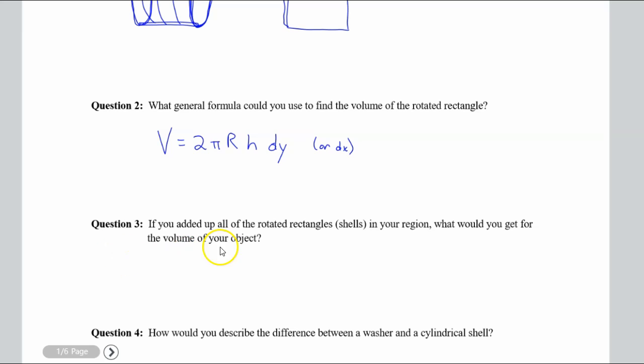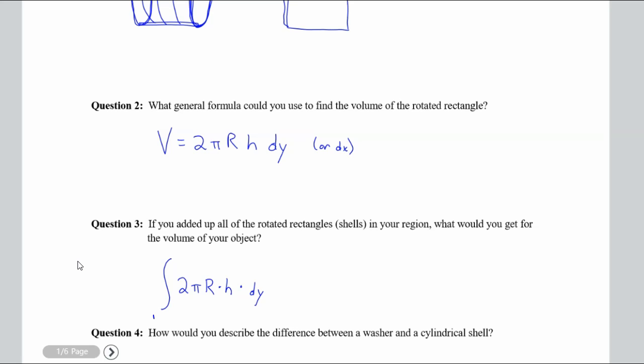If you added them all up, what would you get for the volume? This is going to be just an integral, so you can think of it as integrating that 2 pi r h dy, or dx if you need it, and then whatever those bounds would be.